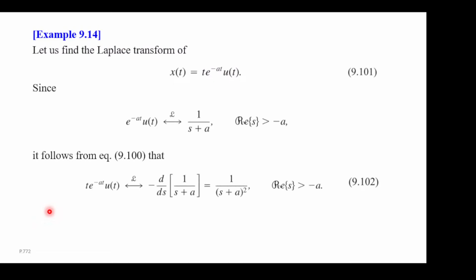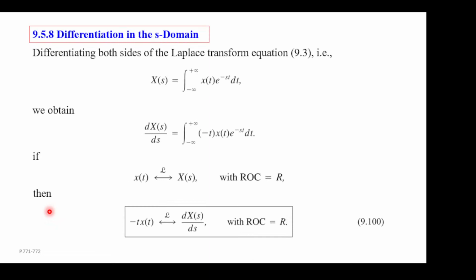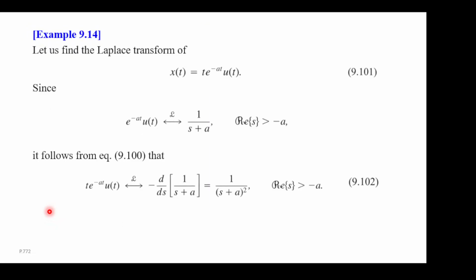Okay. Now that we have the differentiation property, we can do the thing that we like to do, that is derive the transforms of all the powers of those rational fractions. We think about this in the time domain and find its Laplace transform.